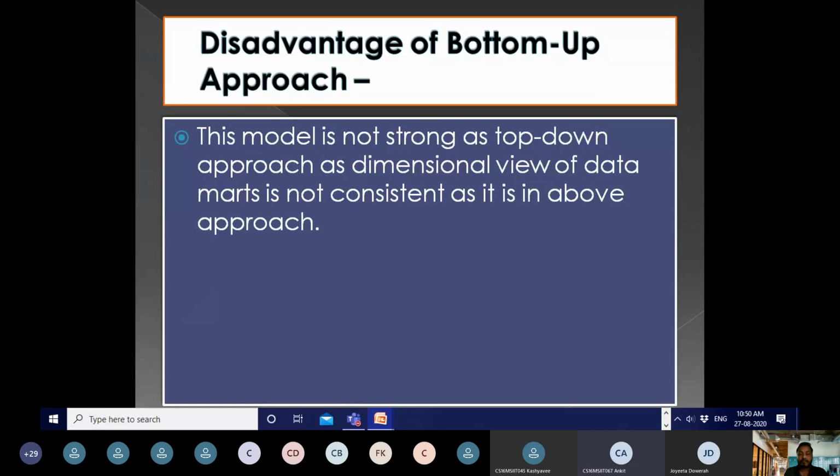Okay. If the data marts go down, then the extraction of data will be tough. We will not be able to extract the data from there to load it into the warehouse.